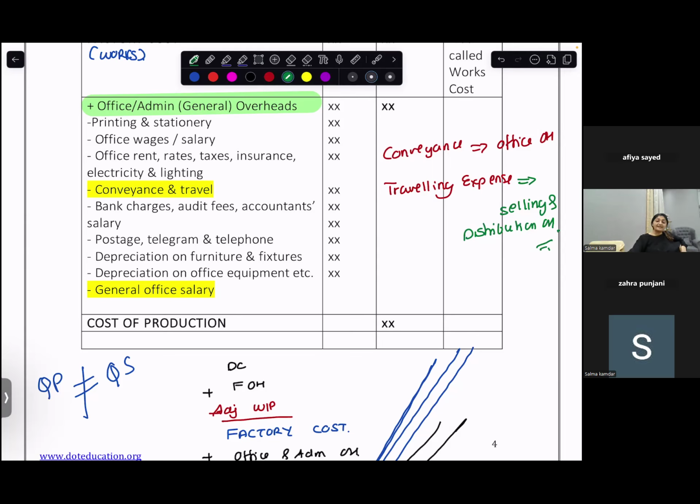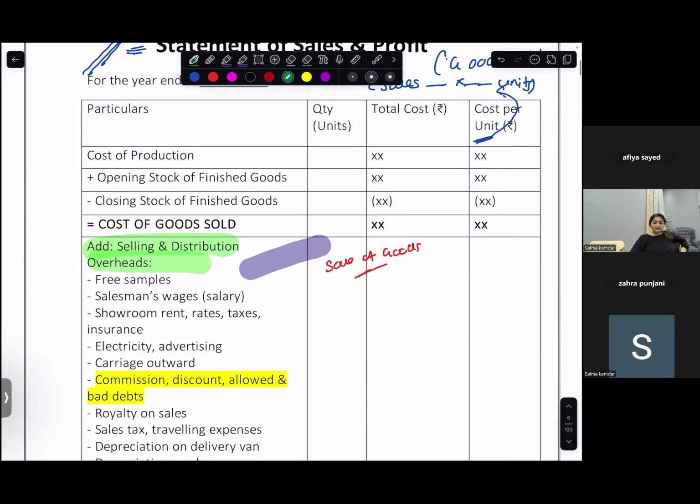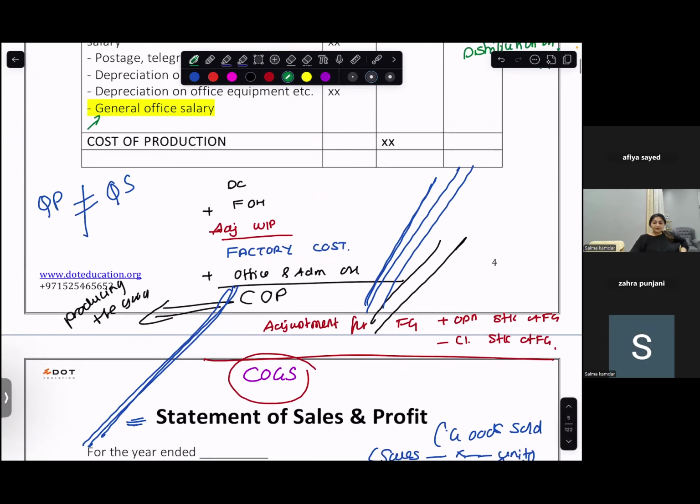Traveling, selling. Conveyance and traveling, office. General office salary, office.